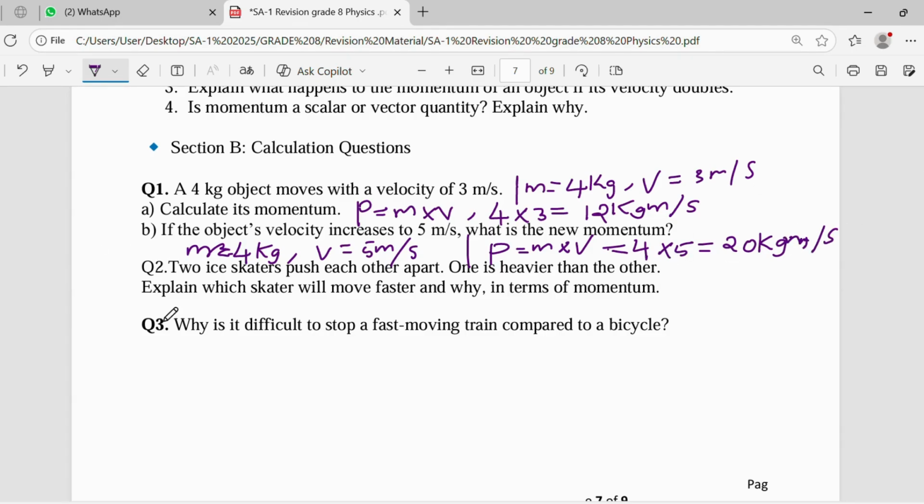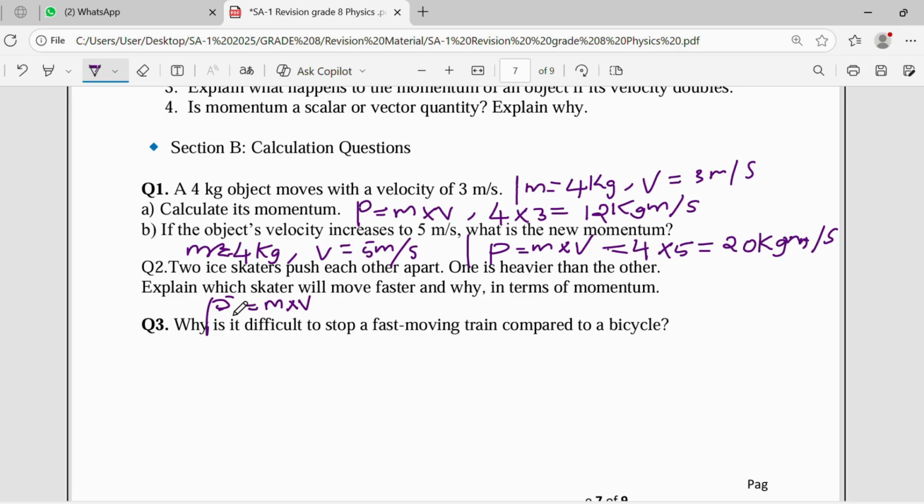All right, coming to the second question, two ice skaters push each other apart. One is heavier than the other. Explain which skater will move faster and why in terms of momentum. Okay, we know that momentum P equals mass times velocity.